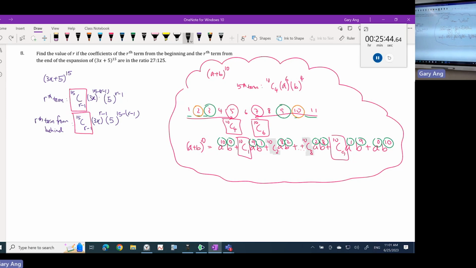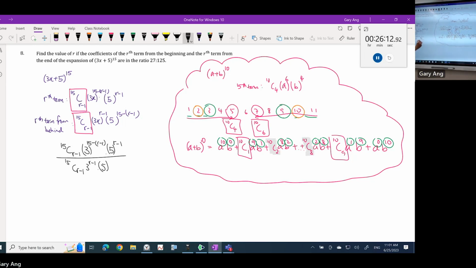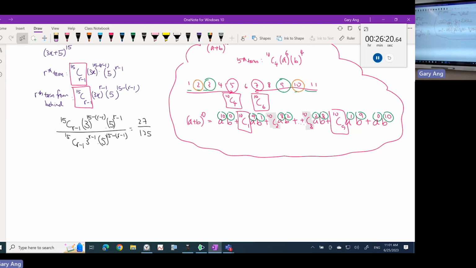In short, let me write down now. This is the term from the top. What's more with the 3? Oh yeah, no need for the x, because we are talking about coefficient. Do you understand this?